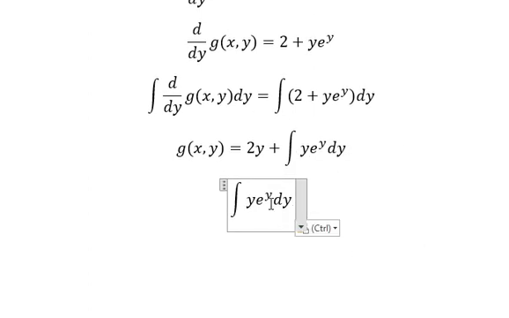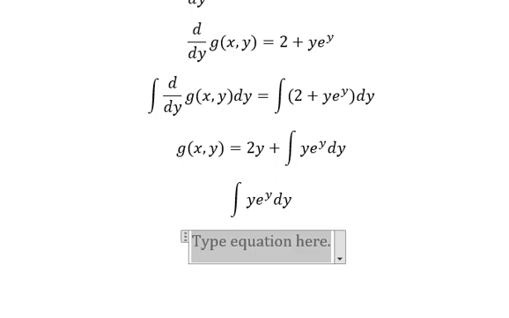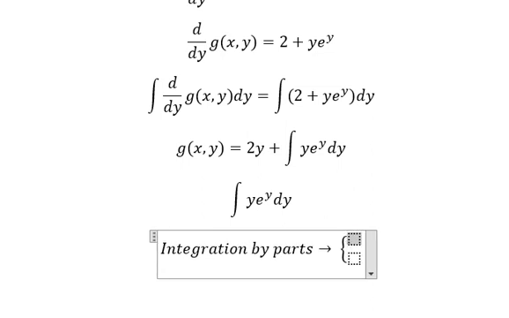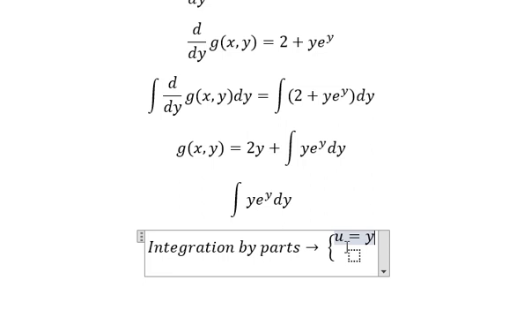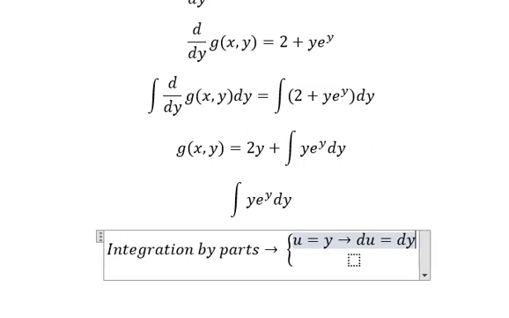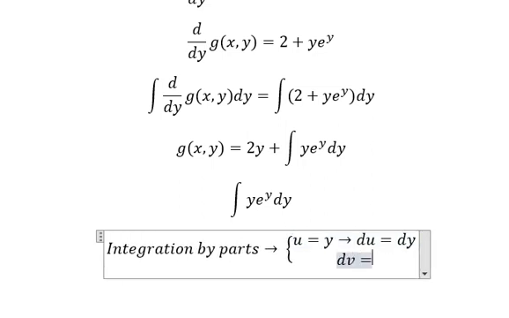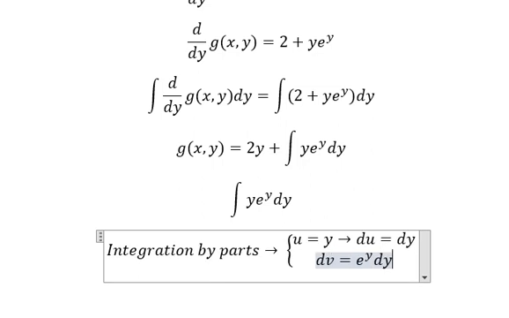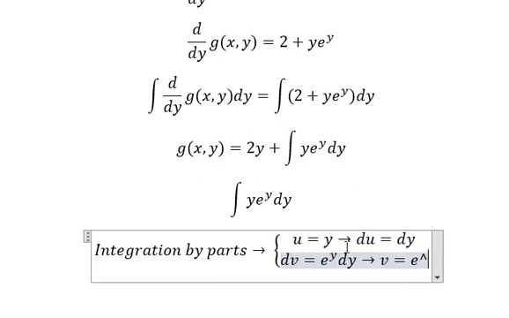So for this situation, we can use about integration by parts. So we got about u equals to y, du equals to dy, dv we got about e to the power of y dy, and you got about v equals to e to the power of y.